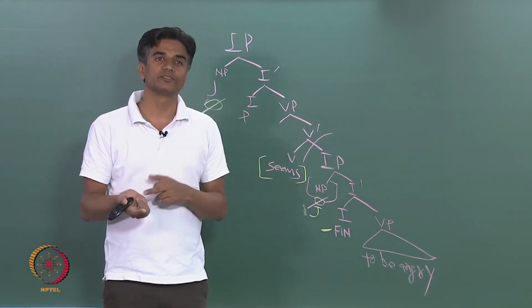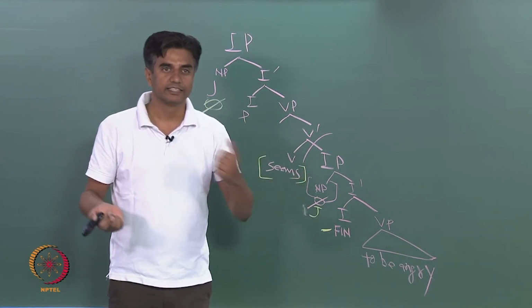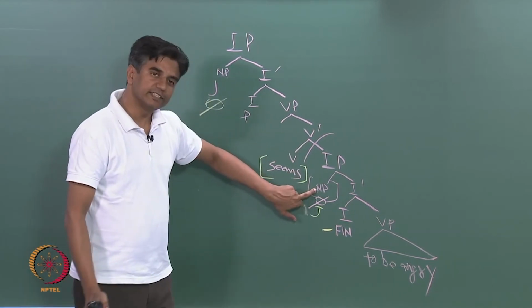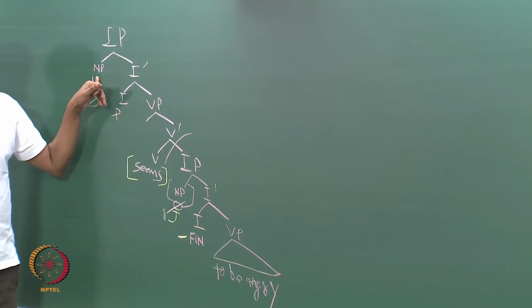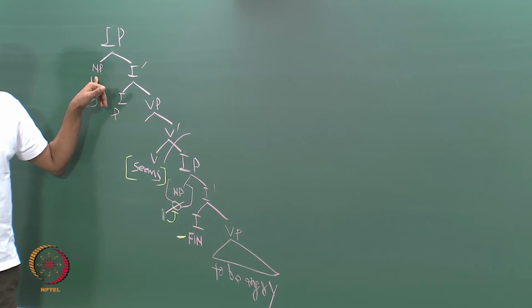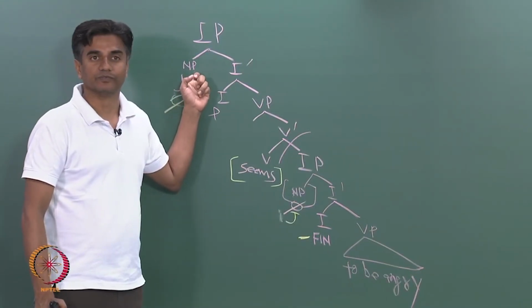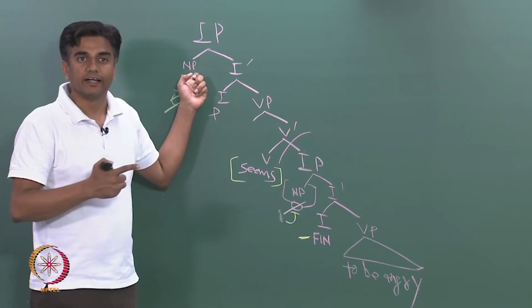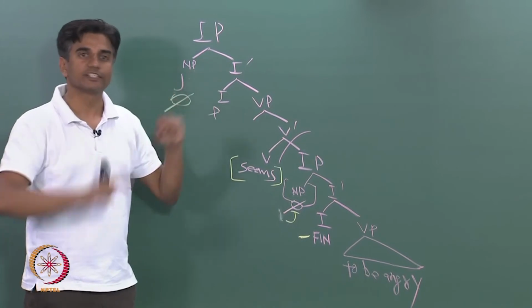We go from one place to the other definitely for a reason. So if this thing is happy in its original position, then this remains empty. And this position cannot have a theta role. Anything that comes here must have a theta role of its own because it is not going to assign any theta role.